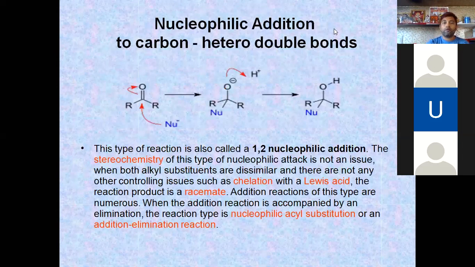Nucleophilic addition to carbon hetero double bonds, we have already discussed. This type of reaction is also called 1,2 nucleophilic addition. We are not concerned with these 1,2 nucleophilic addition reactions. We have already discussed that this ketone is converted into alcohol.